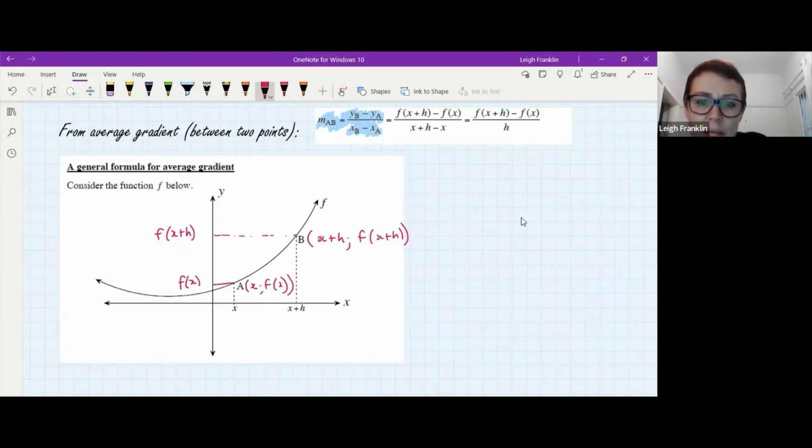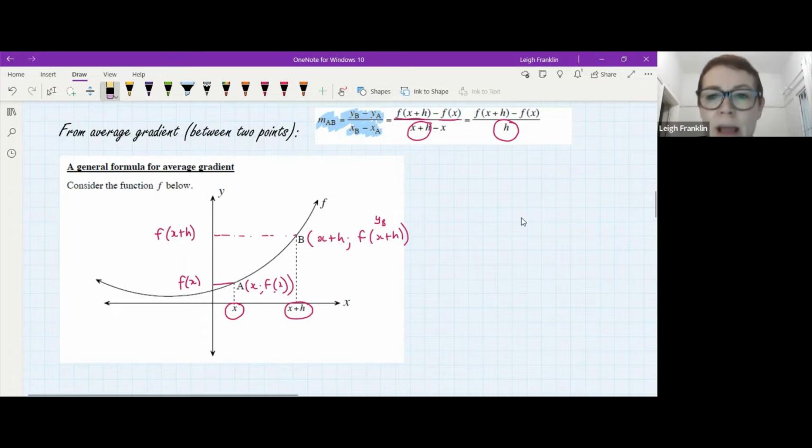So the y at B, that's why we're writing f of x plus h over there, minus your y at A, which is f of x, over your change in x. So x plus h minus x. And at the bottom here in the denominator, because we've got x plus h minus x, it means that h is left on its own. And that's where we get f of x plus h minus f of x, all over h from. So it comes from the gradient formula.